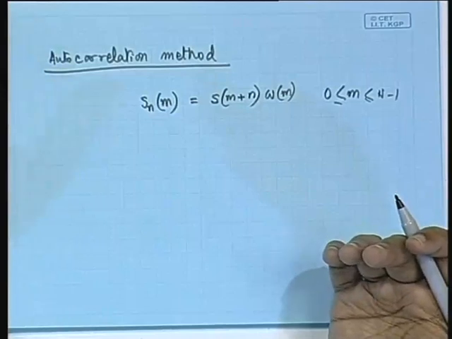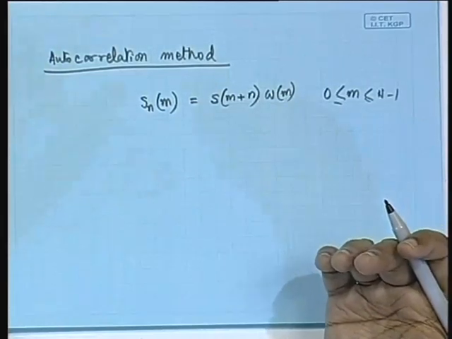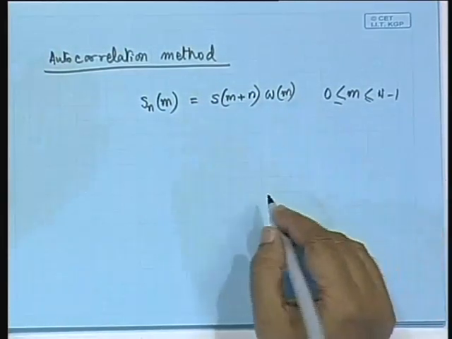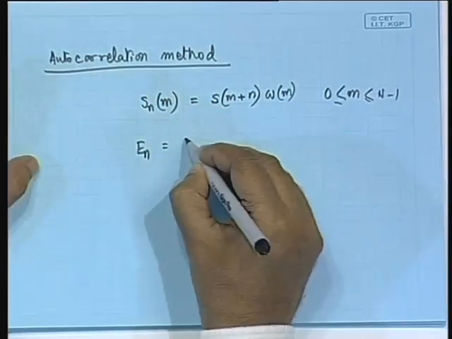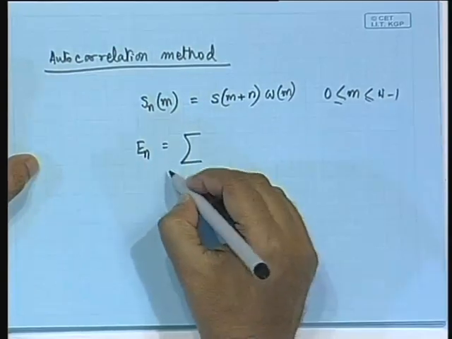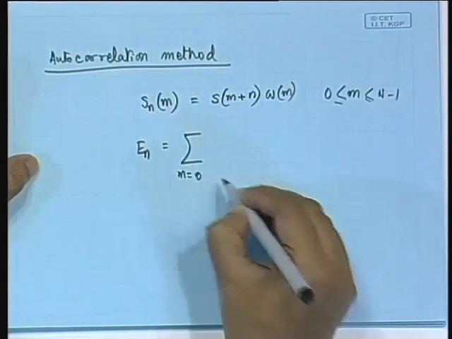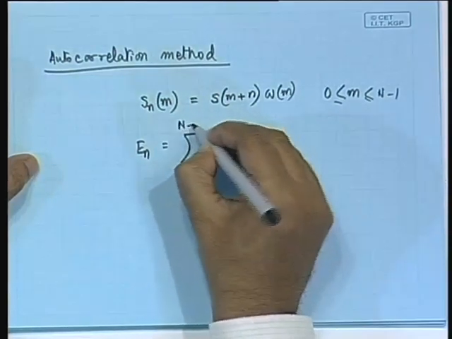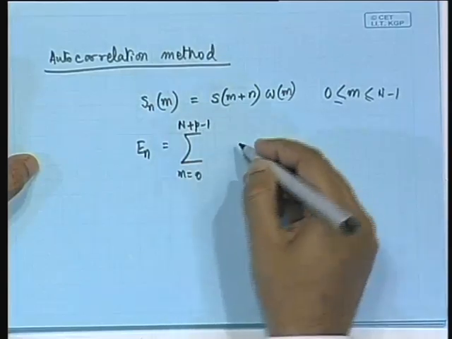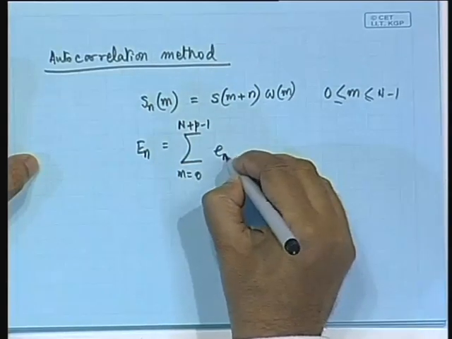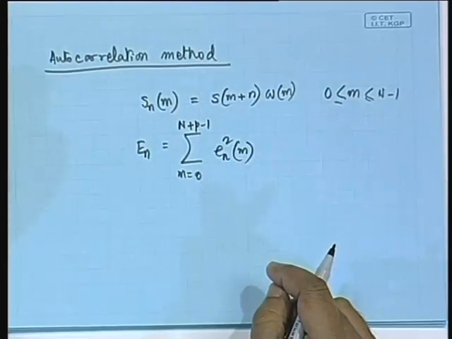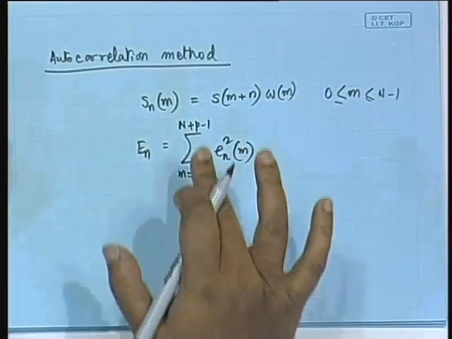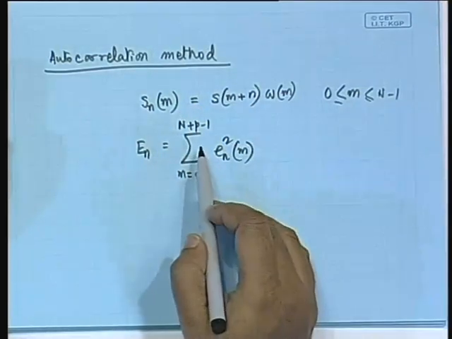And if we take a short time segment like this, then we can define the error E of n to be the summation over m equal to 0 to N plus p minus 1 of e n square m. Now, please be careful about this limit.